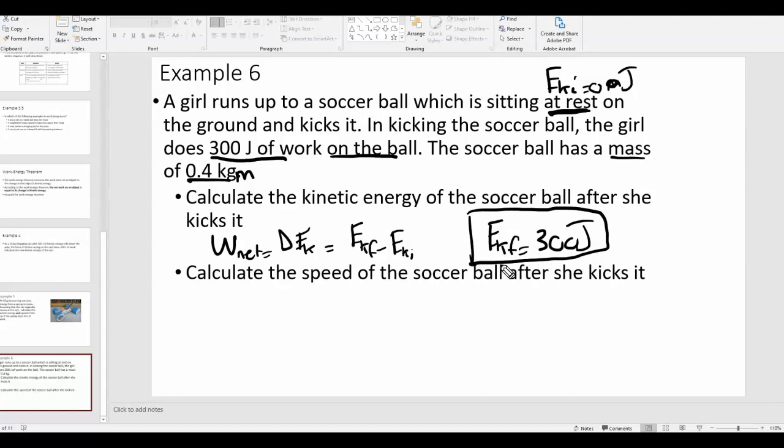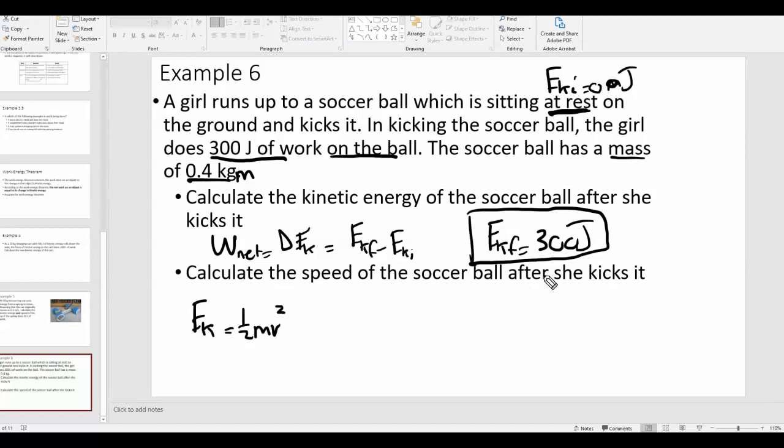Now, the second question says calculate the speed of the soccer ball after she kicks it. So now that we have EK final, I want you to pause it here and try to find the speed of the soccer ball after she kicks it. Okay, so remember kinetic energy is 1/2 mv squared.